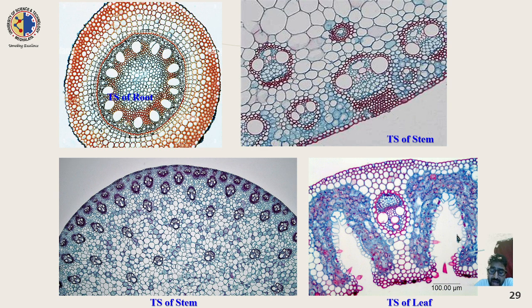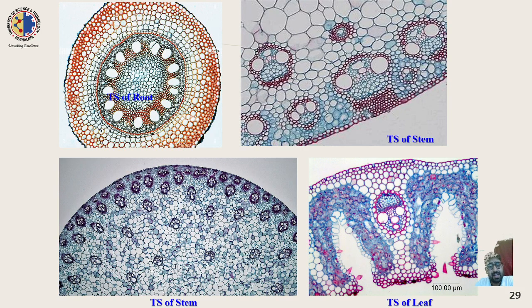So the vascular bundles are large in number, which means xylem and phloem are large in number compared to dicots, mostly 8 plus, and the structure is circular or round, whereas a polygonal or angular structure is found in dicot root.